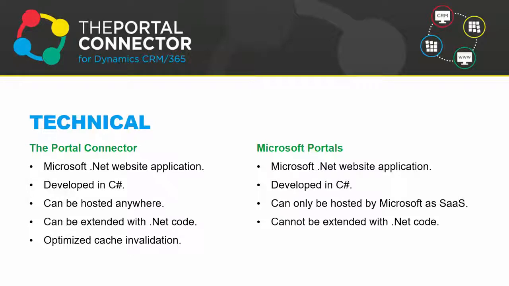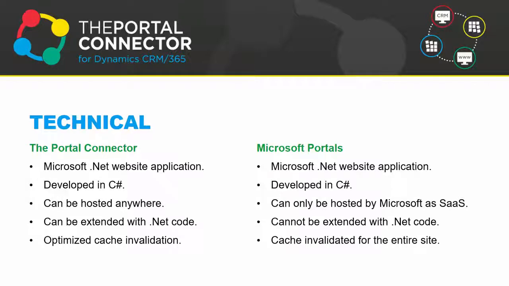With the Portal Connector, when data changes within Dynamic CRM, we only invalidate pages that are affected by the changed data. We do this by using dependency injection. On Microsoft Portals, the cache invalidation is for the entire site. So when the data changes within Microsoft Portals, the entire site is invalidated and the cache needs to be generated for all pages.